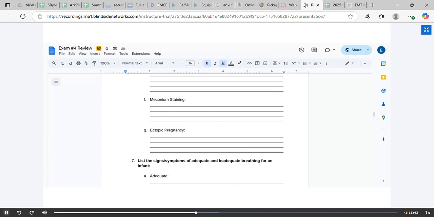So meconium is a thick green, sticky, tarry kind of substance, which is the newborn's first poop or first bowel movement. But if it happens while the fetus is still inside mom, that's the problem.